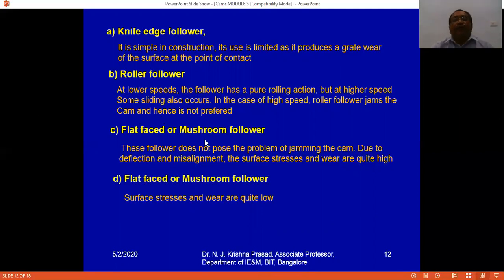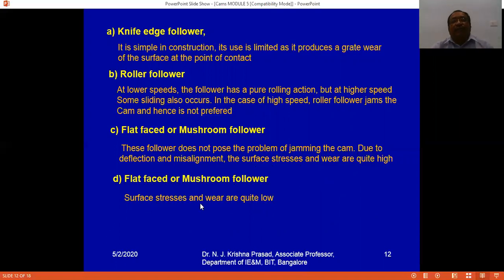The mushroom follower does not pose the problem of jamming the cam due to misalignment and deflection. The surface stresses and wear are quite high. In the case of the flat-faced follower, the problem posed by the mushroom follower is not observed.